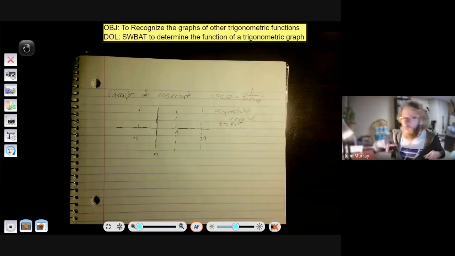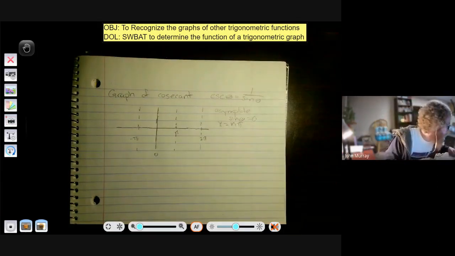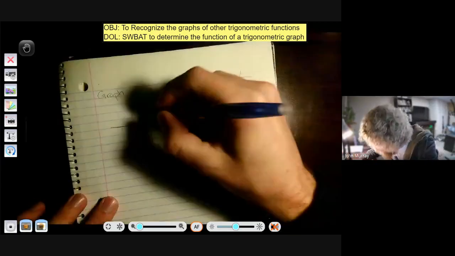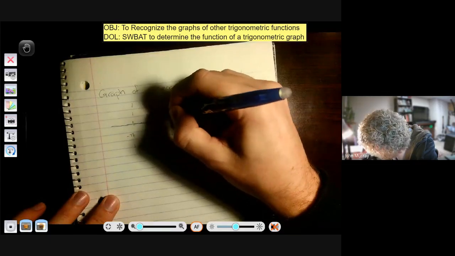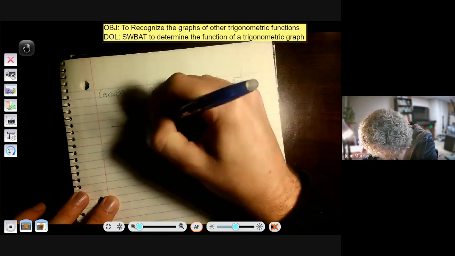So what I'm going to do here is draw, I have another color, just for reference, our sine function. It's not going to be perfect, but you get the idea.